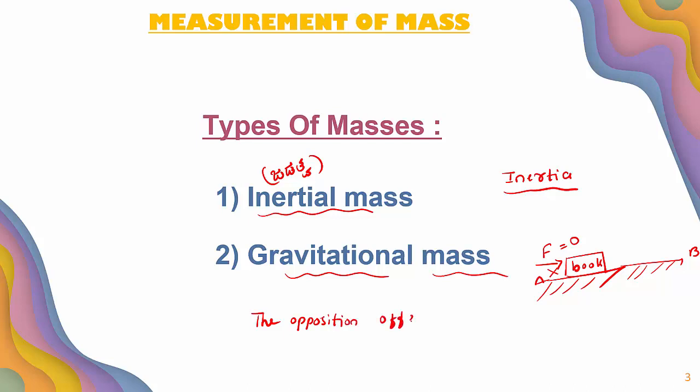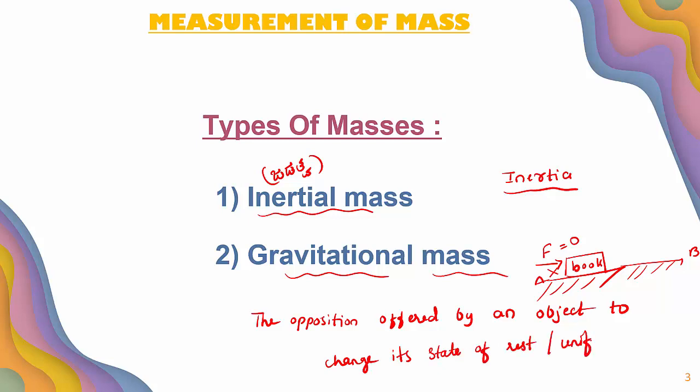This opposition is offered by an object to change its state of rest or uniform motion. This is called inertia. What is inertia?